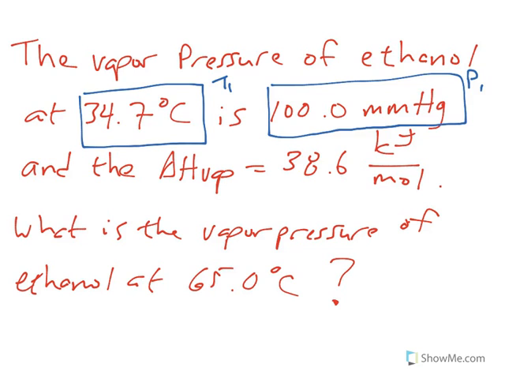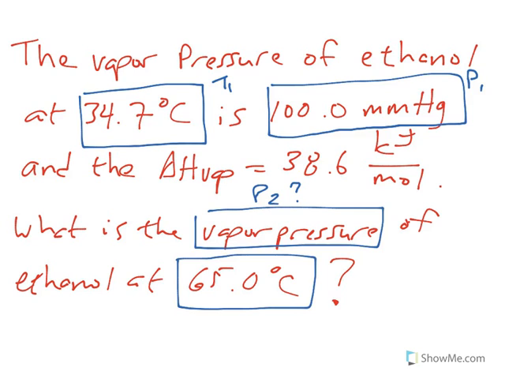I've got the delta H of vaporization, and it's asking me for the vapor pressure at the new temperature. This is P2, which I have no idea what that value is at this point. That's what I'm going to have to calculate. And here is my T2. So that's the information I have.